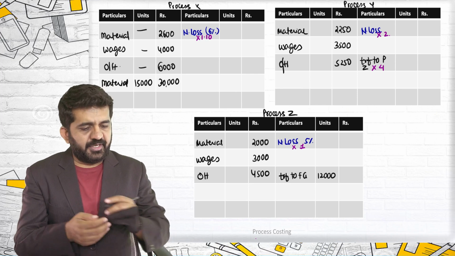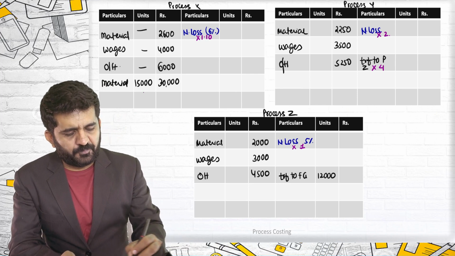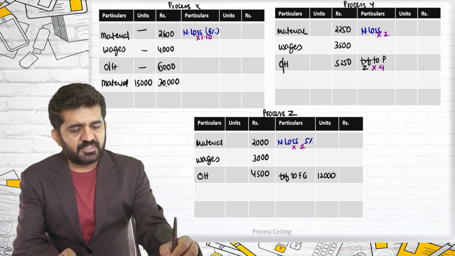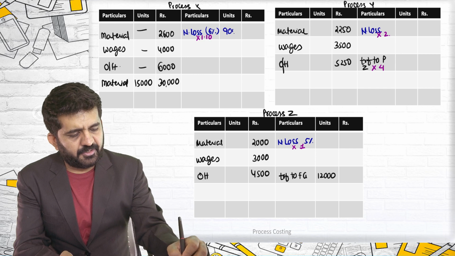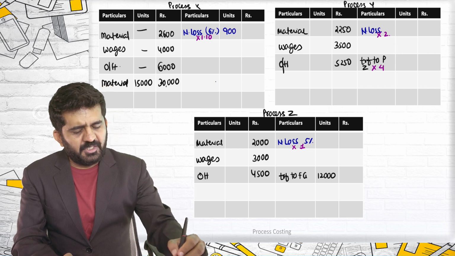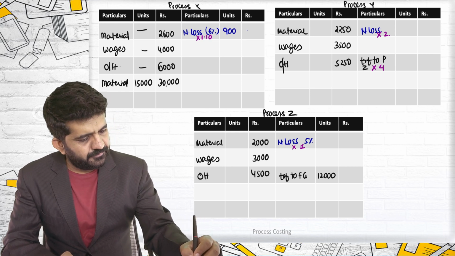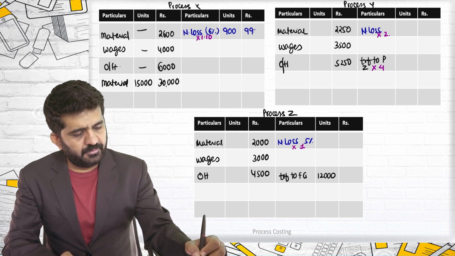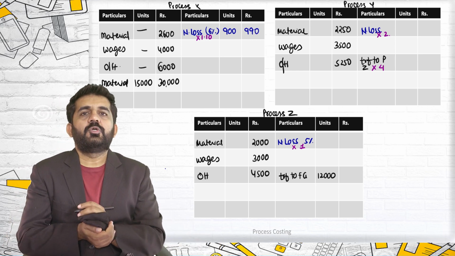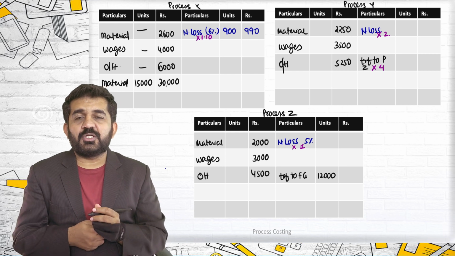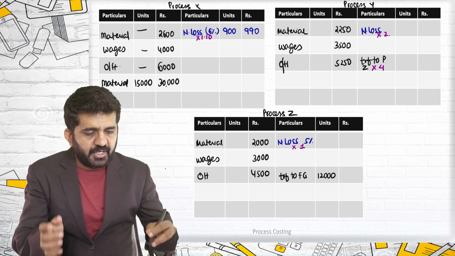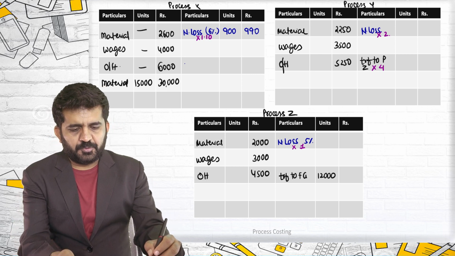Now try to concentrate. I can easily find out normal loss of process X because I am given that 15,000 units is input and 6% is normal loss. So 900 units will be normal loss, multiplied by 1.1, that is 990 rupees. So the question arises, sir, what will be abnormal loss? I will be assuming that abnormal loss is 0, and so the remaining things will be transferred to the next process.